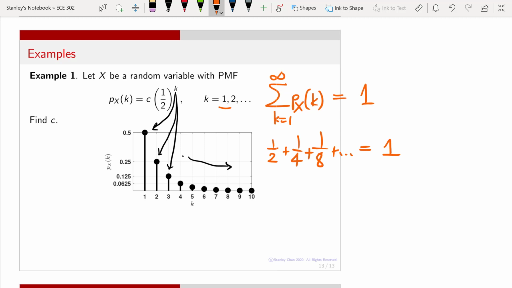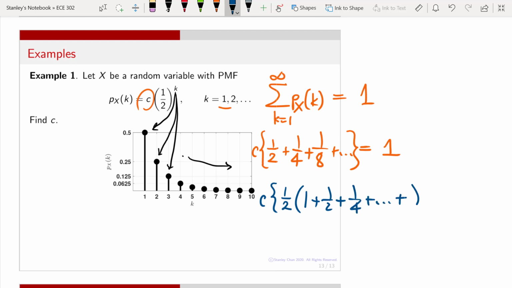Now don't forget that P_X also has a C, so you have C multiplied with all these infinite sums. You have the C outside, and this infinite sum is 1/2 times (1 plus 1/2 plus 1/4 plus and so on), and that should give you 1.